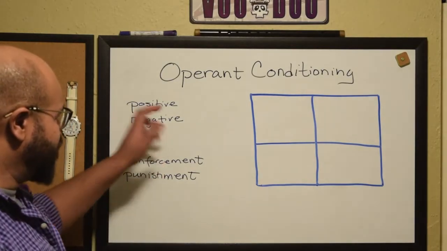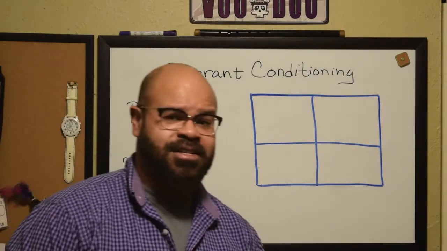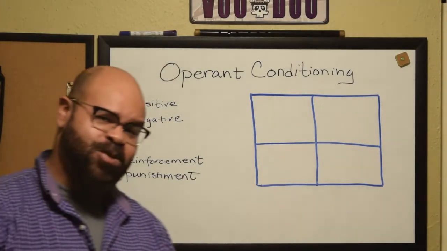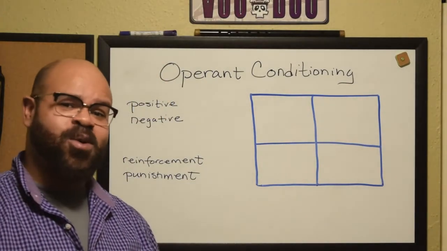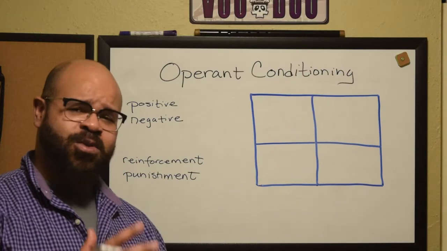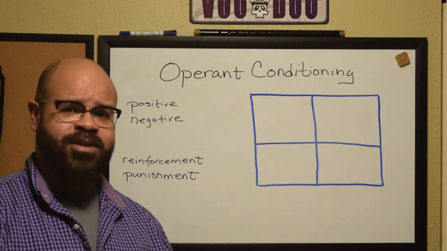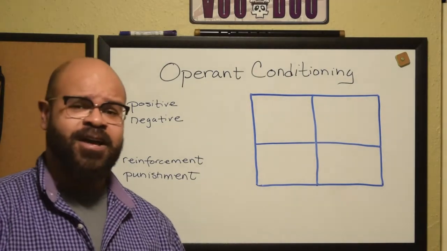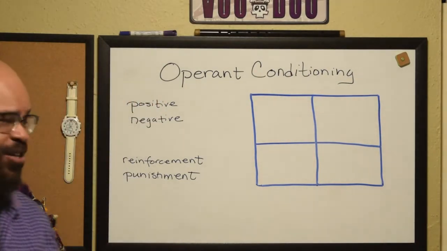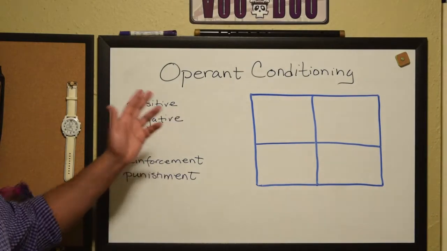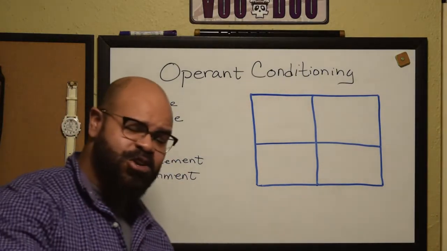First, let's take a look at positive and negative. You're going to have to empty your brain of everything that you think you know about positive and negative, because when it comes to conditioning, they have a very specific meaning. Here in operant conditioning, positive means that I'm going to give you something.